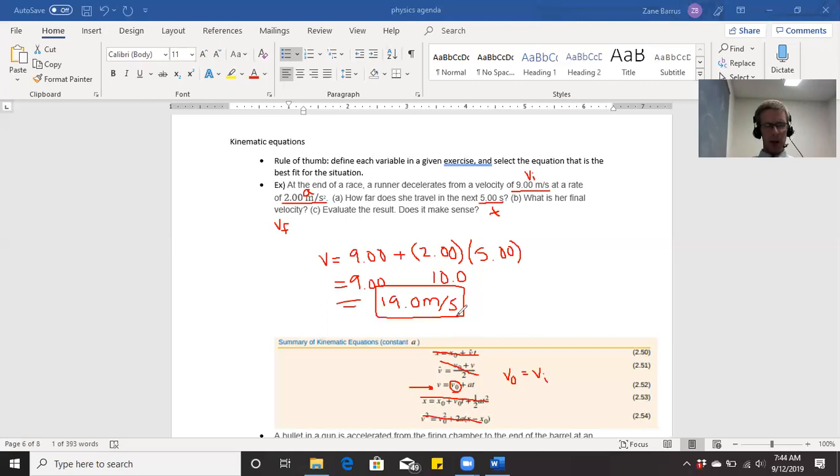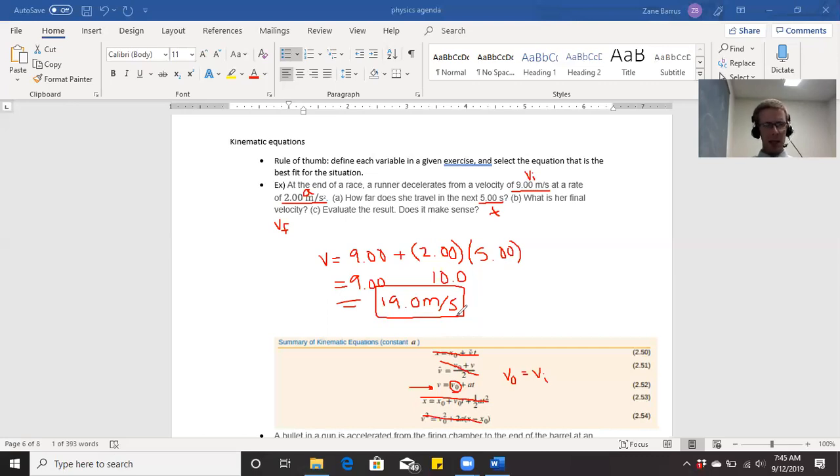Now, there's a problem here, and I'm glad I made this mistake because this is a very important thing to note. When you're evaluating your answers to see if they make sense, this runner should be decelerating from a velocity of 9 meters per second. So I didn't catch that at the very beginning.